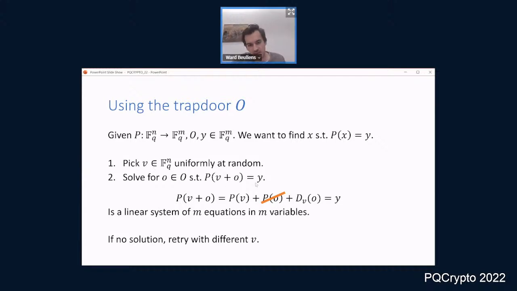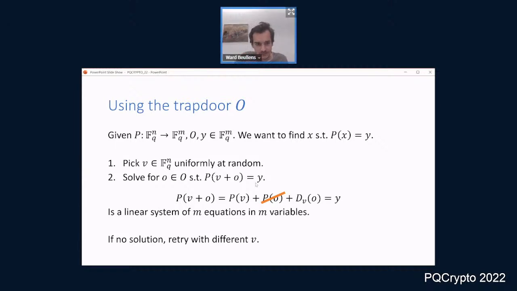Right. So that's how the trapdoor works. So yeah, I hope I could convince you that this is a really elegant construction. That your trapdoor structure is just one linear space O on which P vanishes, and that's it.